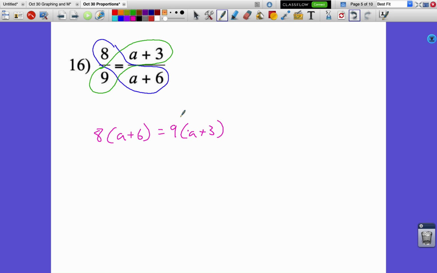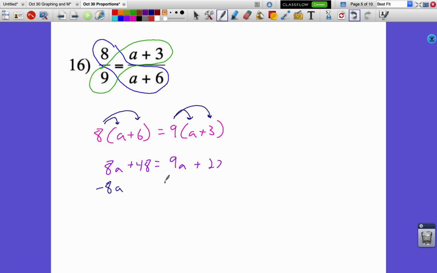And now it's an equation without fractions. We can just follow our normal steps to solving this. So distribute that 8, distribute this 9. I'll get 8a, and then this 8 has to multiply the 6 as well, so plus 48 equals 9a plus 27. I've got variables on both sides, so I want to get them to the same side.